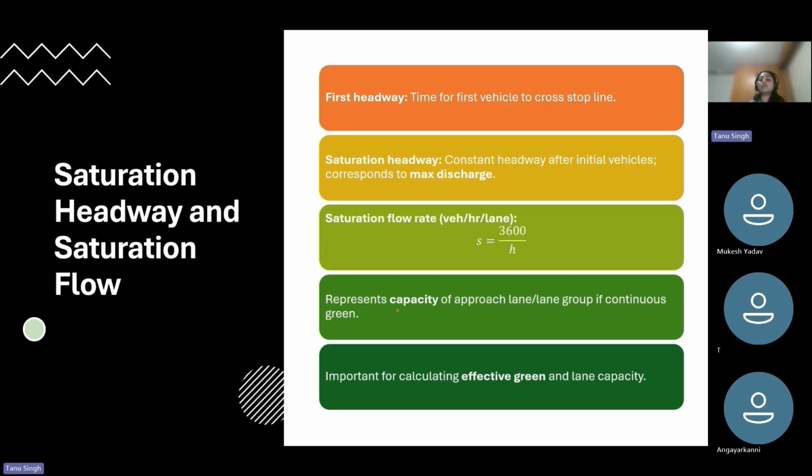So it is important for calculating effective green and lane capacity. We can think of it as the lane's maximum capacity if the signal never turns red. This concept is crucial when we later calculate effective green and lane capacity, so at that moment we will need this saturation flow rate.